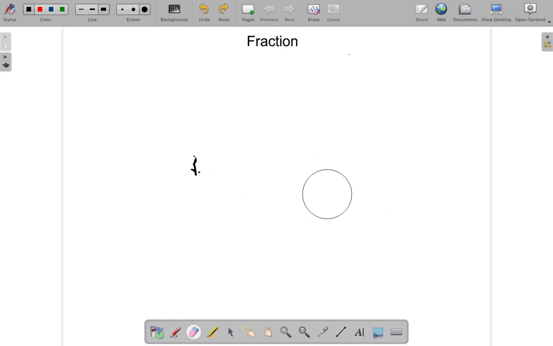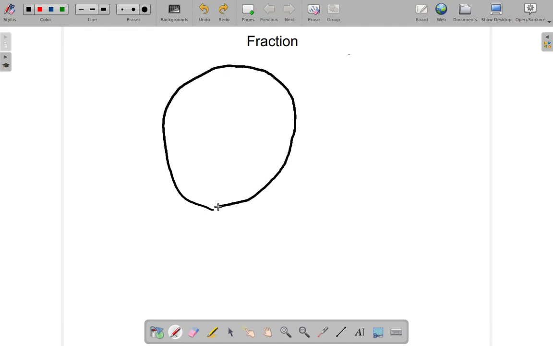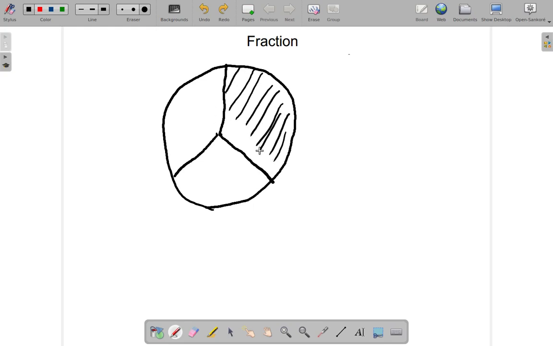Say we look at my whole here, one entire circle, and I cut it into 3 equal parts, and I shade this part. Let's say this is a cake, a bulla, and I want to eat this portion.